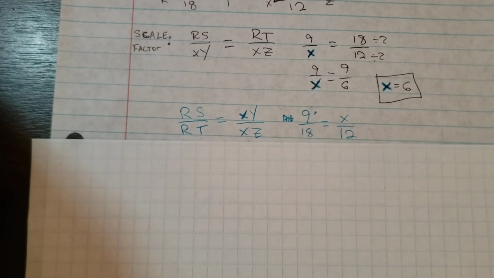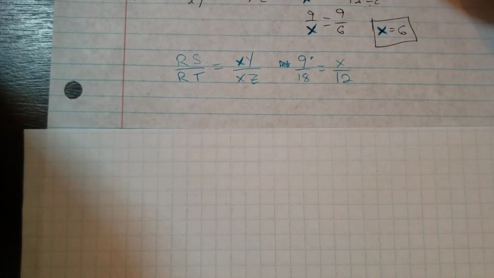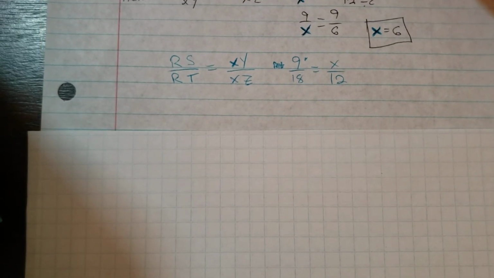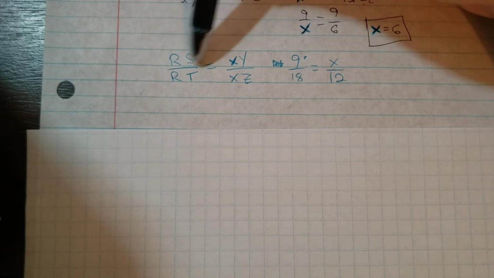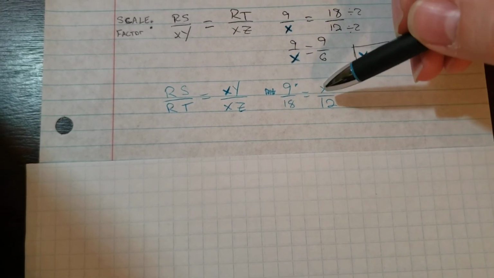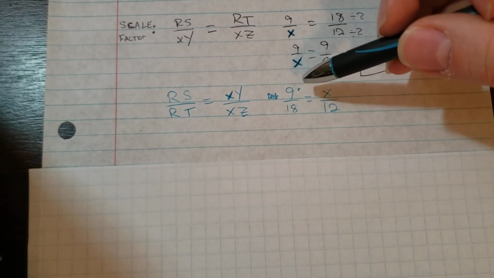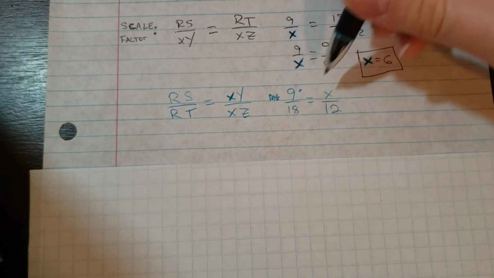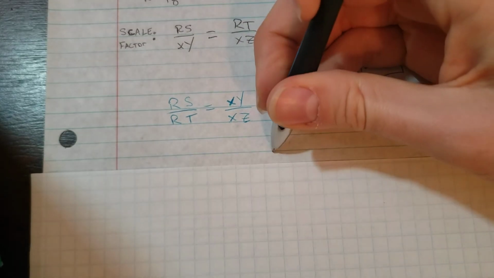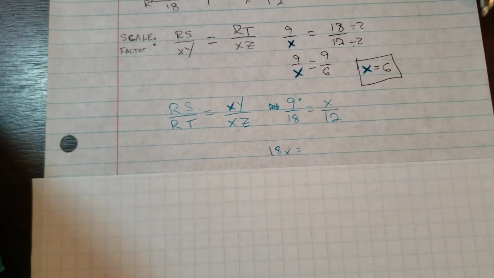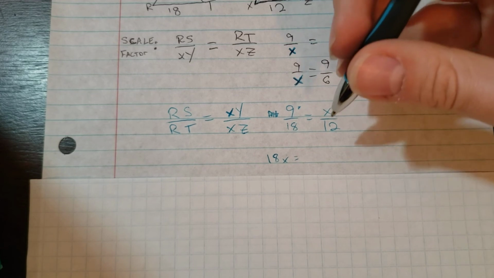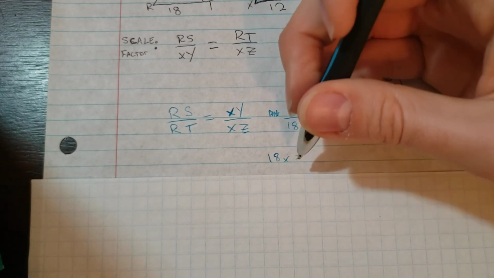I could have set up my ratio like this, with this triangle comparing to this triangle, as long as my missing lengths correspond, right? So my numerators correspond and my denominators correspond. And then it'd be more or less the same process, right? I would cross multiply, giving me 18x equals, what's that? 108, is that right?